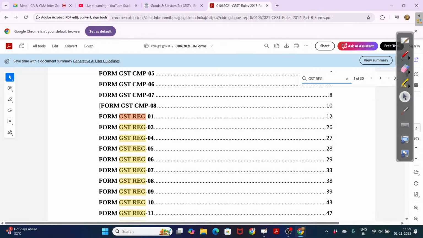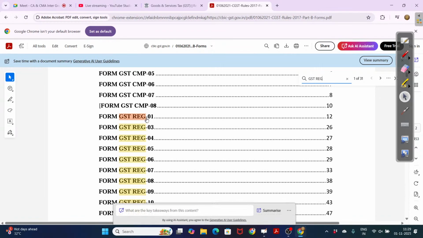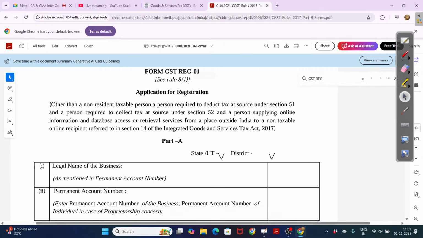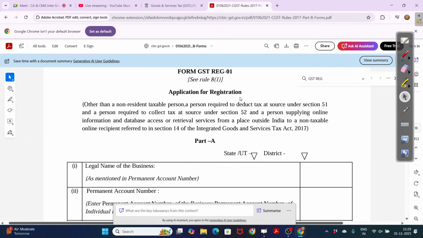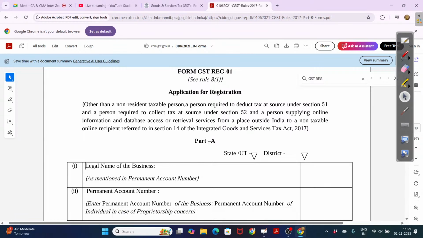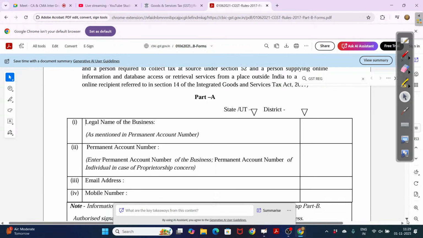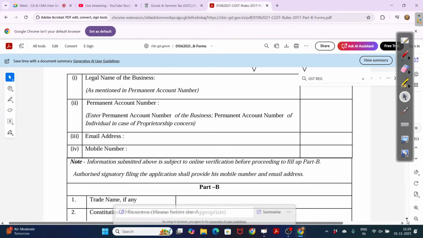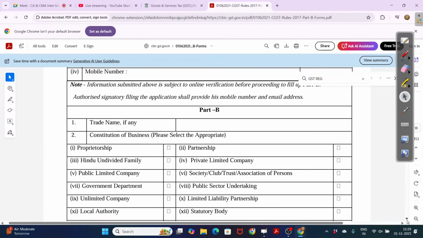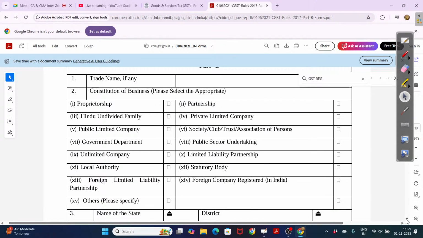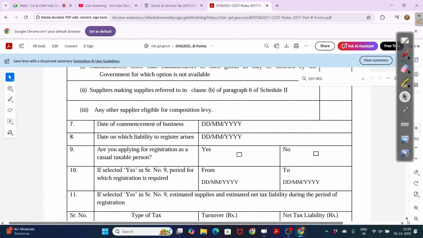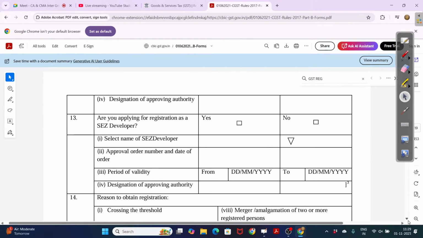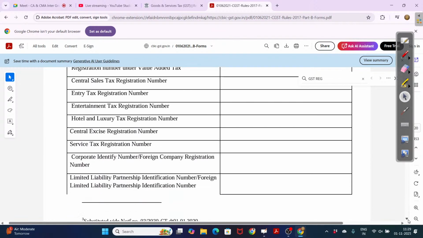Let's see, form GST REG-1. This is the application form format. Application for registration, Part A. Anyhow, you will apply this online only. Email address, mobile number, all these things we have already seen online. In Part B, you are going to give all the details. Once you apply in the GST REG-1 form, these are the particulars you have to submit.